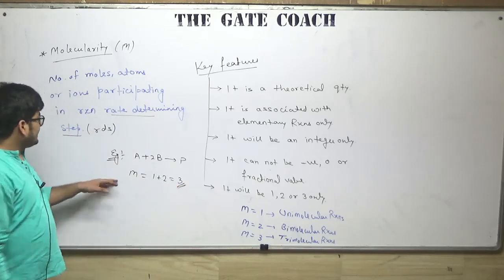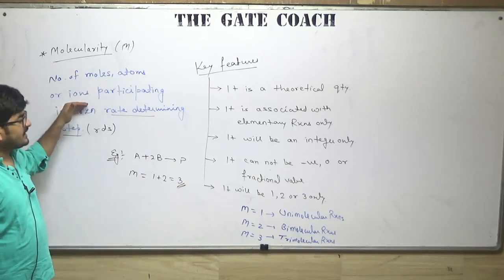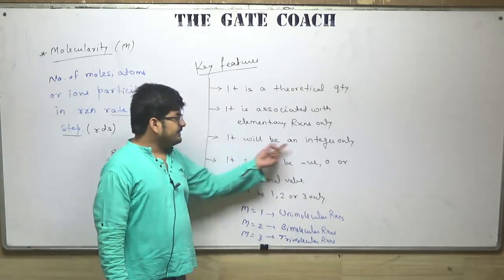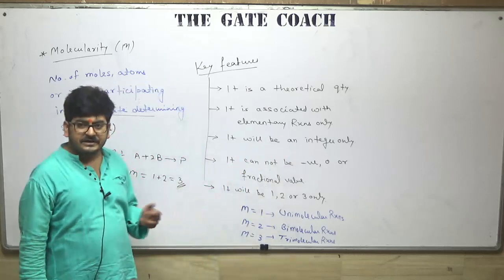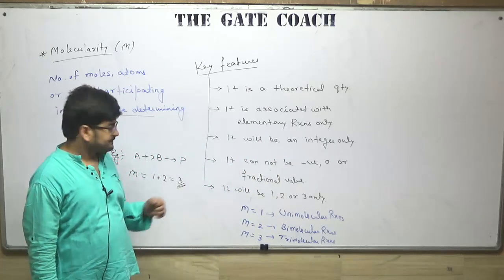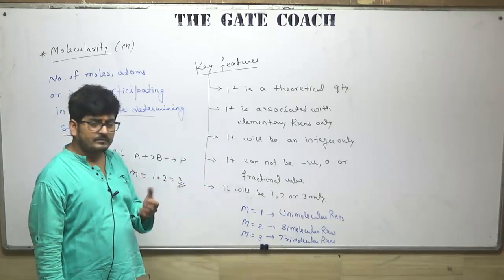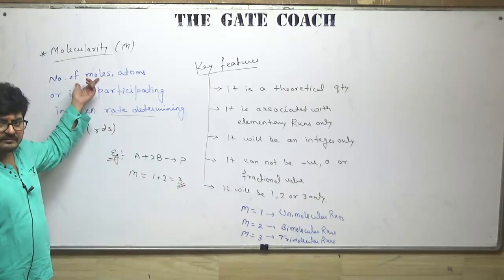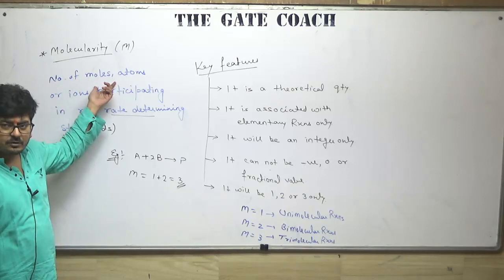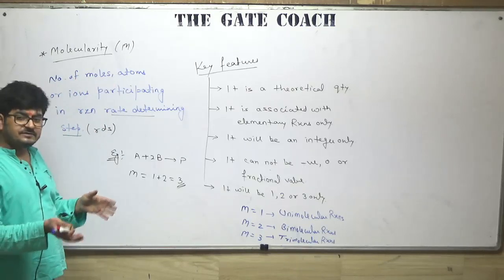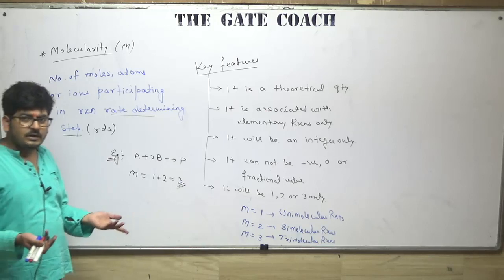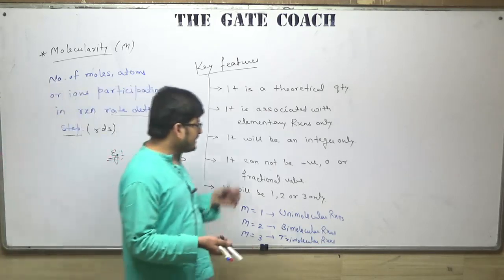Okay. It is the number of molecules, atoms or ions participating in the reaction. So it will be an integer only, that is a complete number. Obviously, it cannot be negative. Obviously, the number of molecules cannot be negative. Number of molecules cannot be 0, because if 0 molecules are there, then the reaction will not start. So we will not talk about the molecularity then.